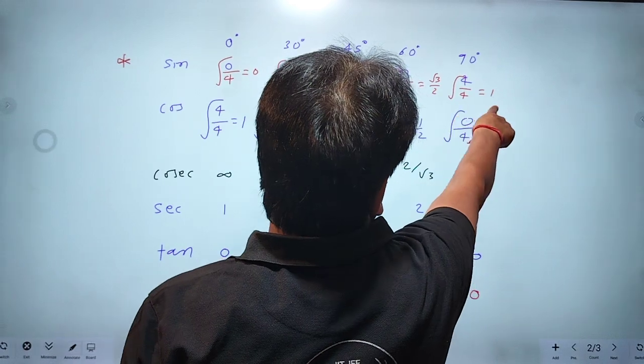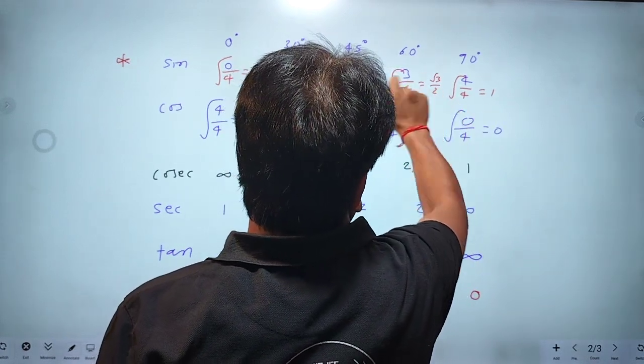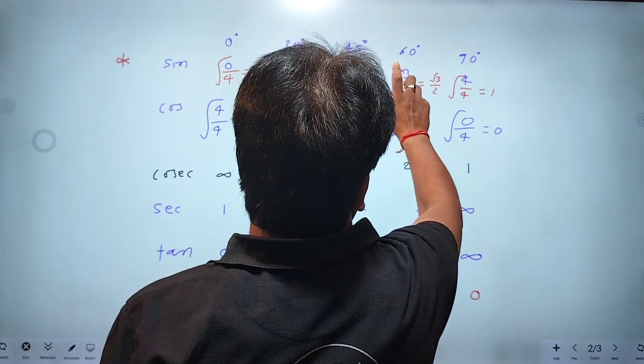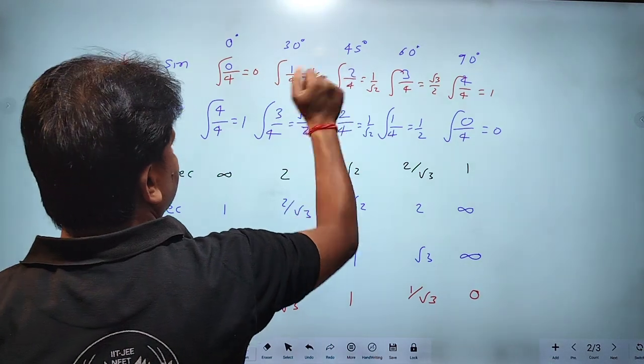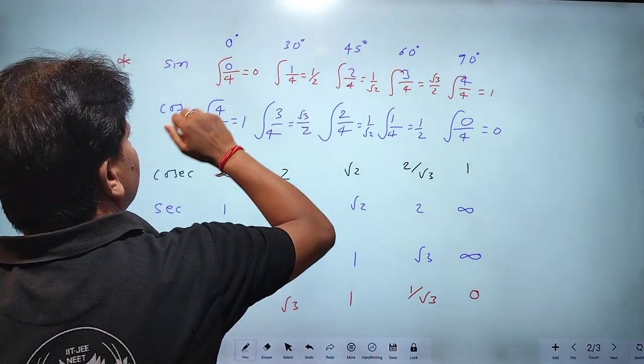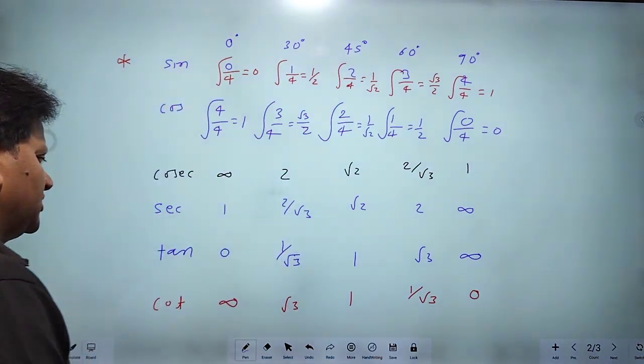The result will be 0, this will be equal to 1 by 2, this will be equal to 1 by root 2, this will be equal to root 3 by 2, and this will be equal to 1.